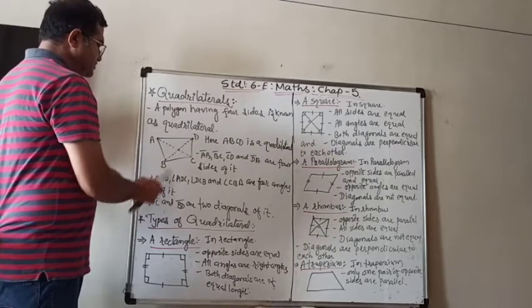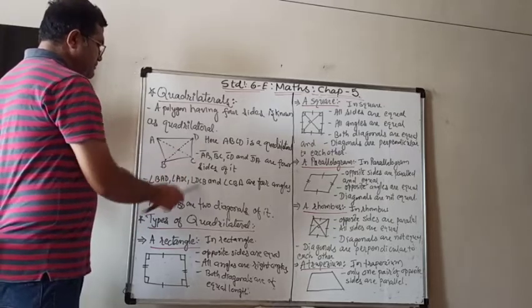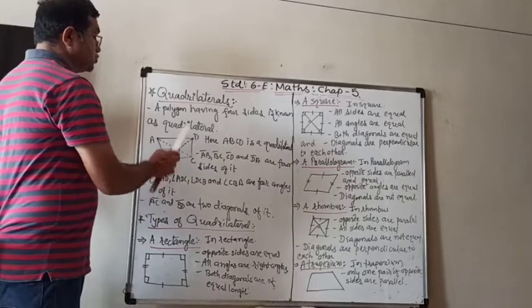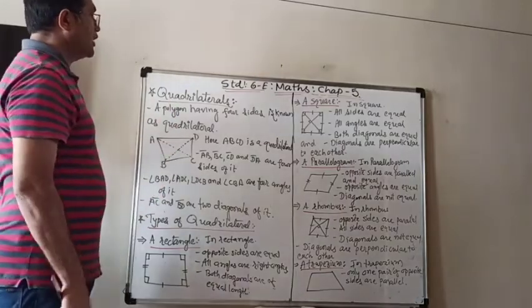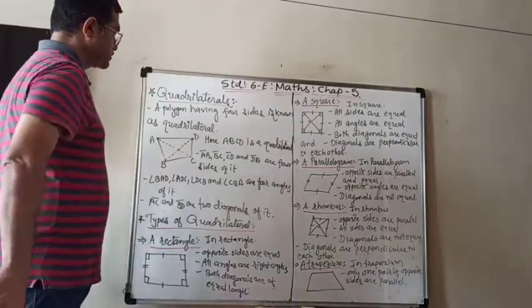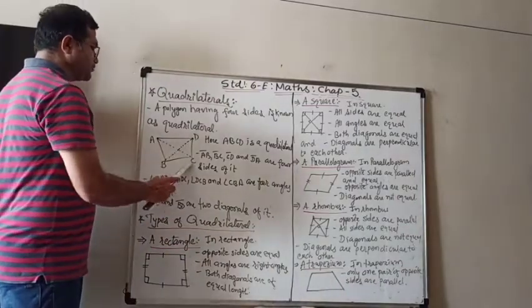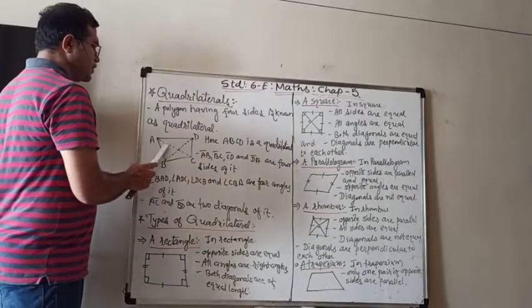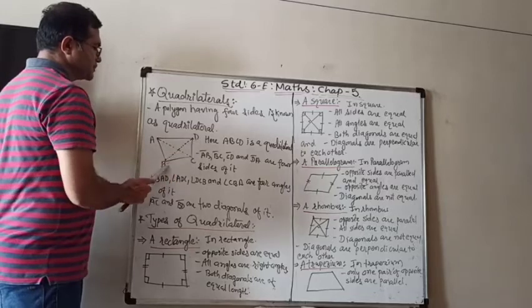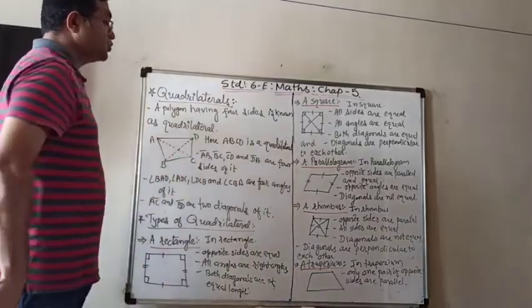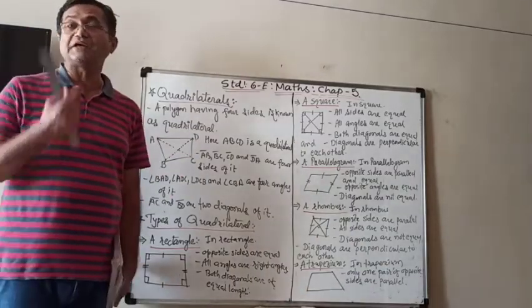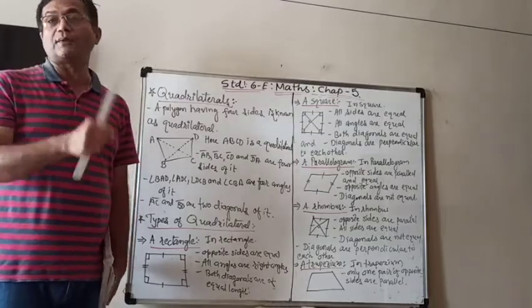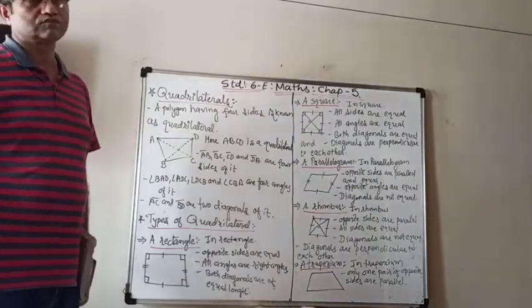So line segment AC and line segment BD are the two diagonals of the quadrilateral. It means that a quadrilateral has four sides, four angles and two diagonals. These are the different parts of a quadrilateral.